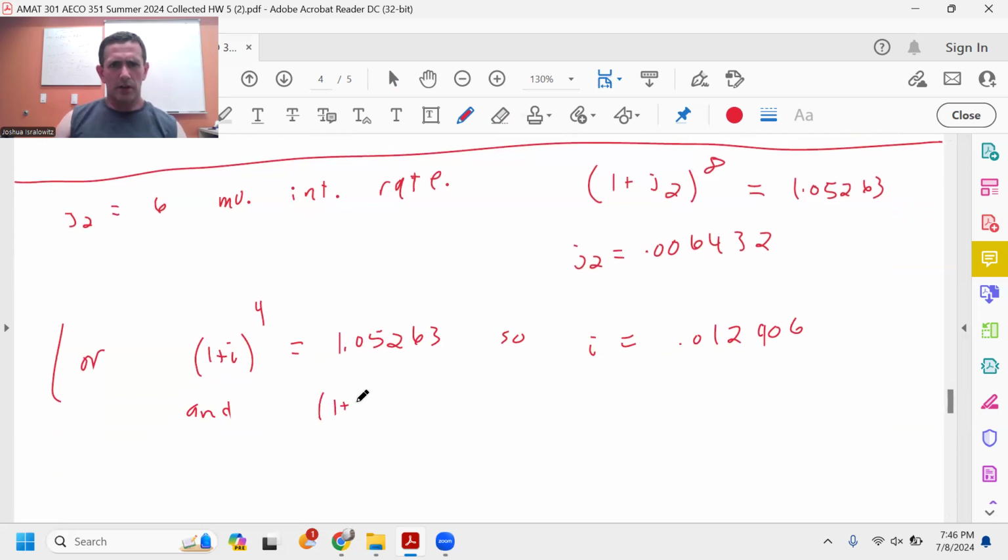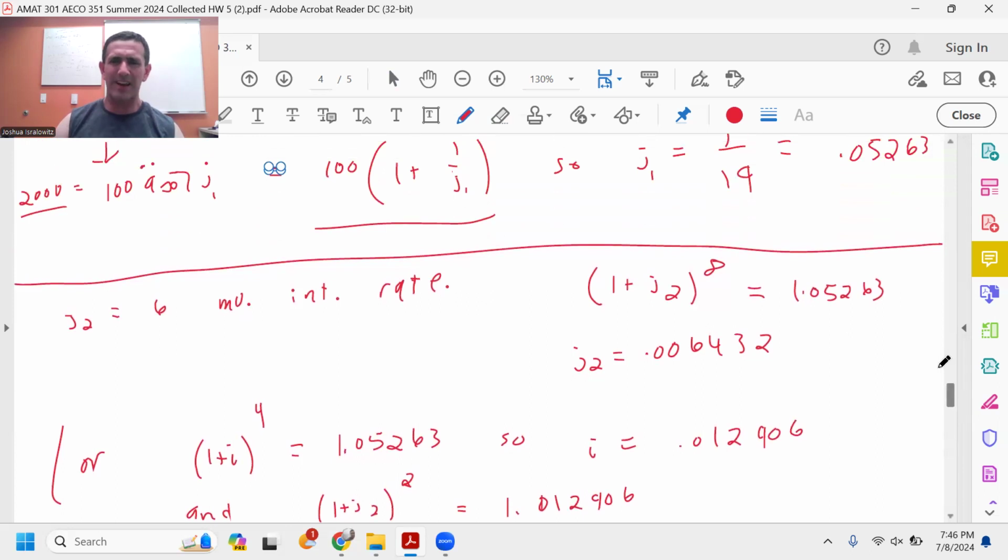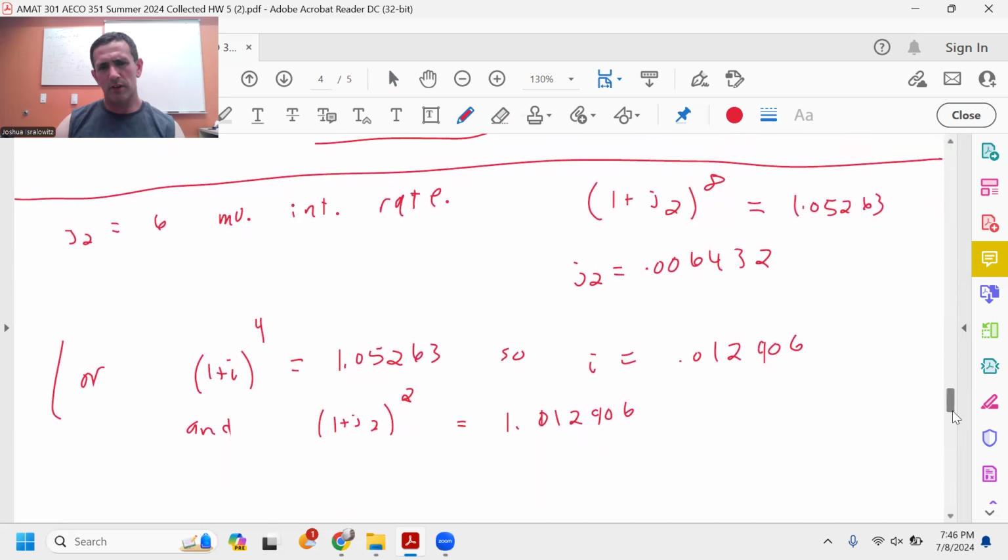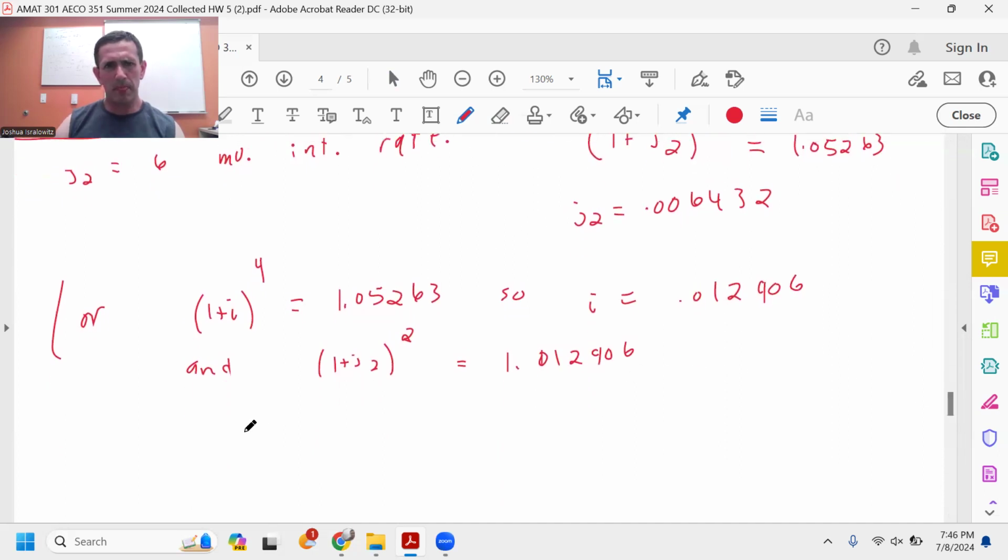Then compound 6 months of growth twice to get 1 year's worth of growth. I think this is a little silly. I would personally just compare 6 months of growth to 4 years of growth, but either way you get the same answer: 1.05263 to the 1/8, basically.